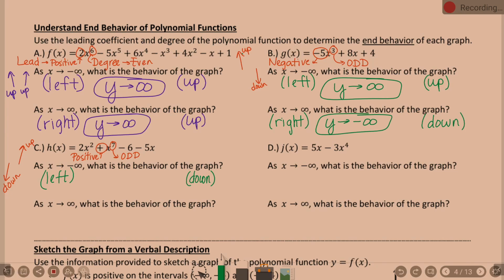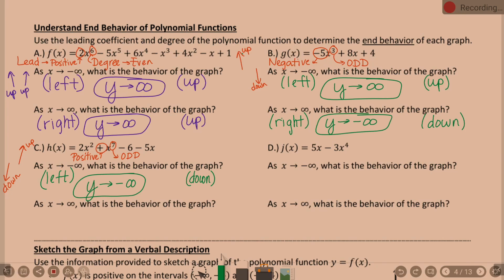And what is that in infinities? Y is approaching negative infinity. Realize that's an arrow I'm using, yes? I'm not saying y equals negative infinity. I'm saying y approaches negative infinity. So that arrow represents the word approach.